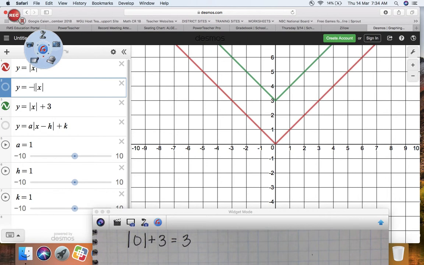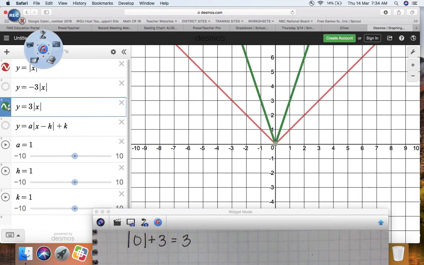All right, now let's try the numbers being out front, just in this A spot. So let's start with this positive one. Notice if it's in the A spot, the vertex didn't move. It's just that it is now, we call this stretched.